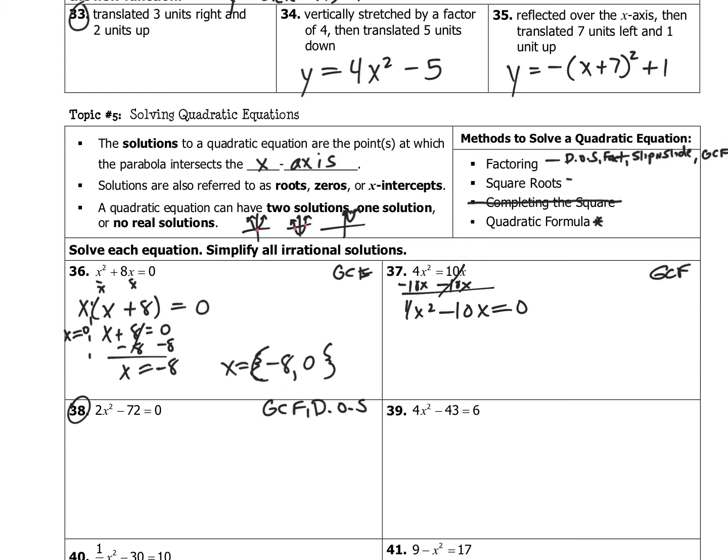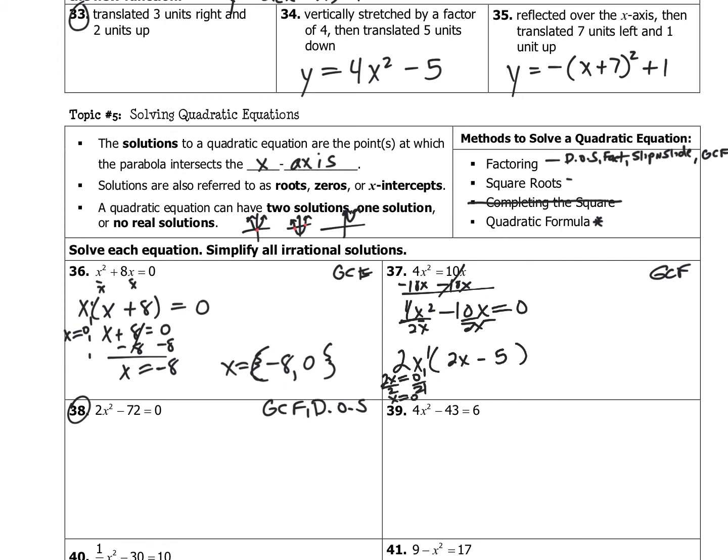Number 37, subtracted 10x from both sides, and now it looks like 4 and 10 have a GCF of 2, and since they both have an x, I can take out the one with the smallest exponent, divide both terms by 2x to see what's left over, and I get 2x minus 5. So now I can set each one equal to 0. 2x equals 0, divide by 2, and x equals 0.